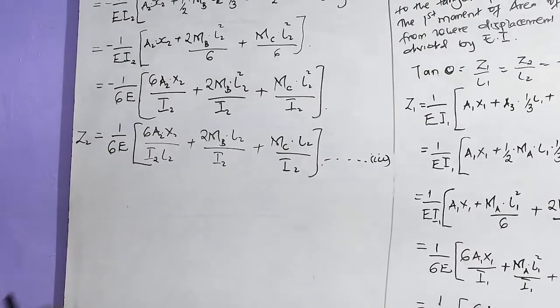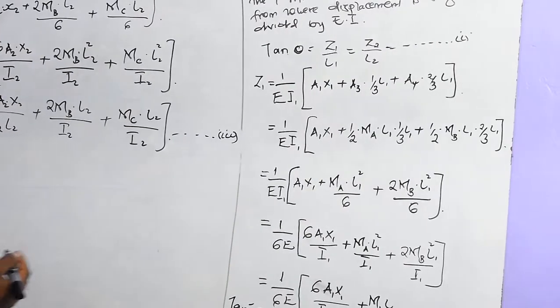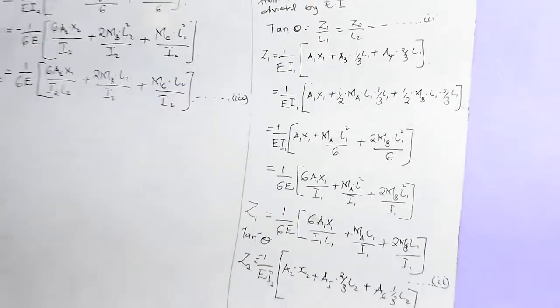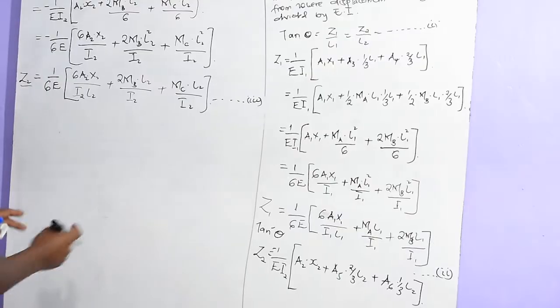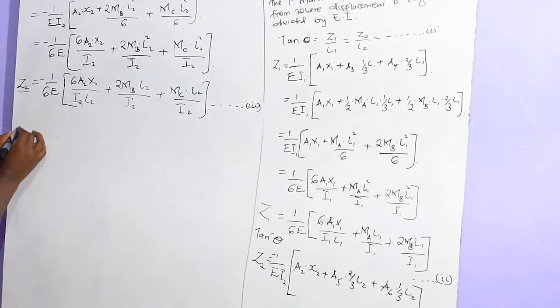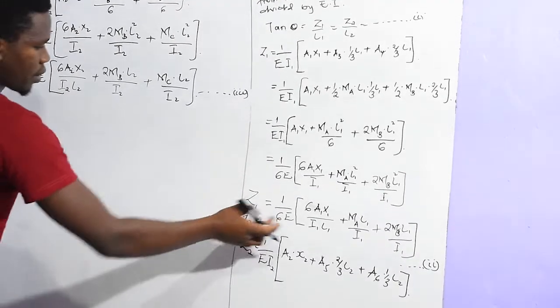But from our equation 1, our Z1 here was our Z2 here. Therefore, we can put the two equations together. It should be negative. Or maybe you can start with this one.